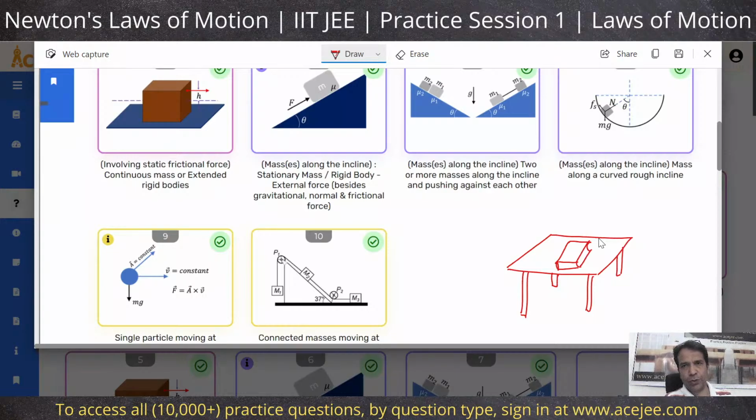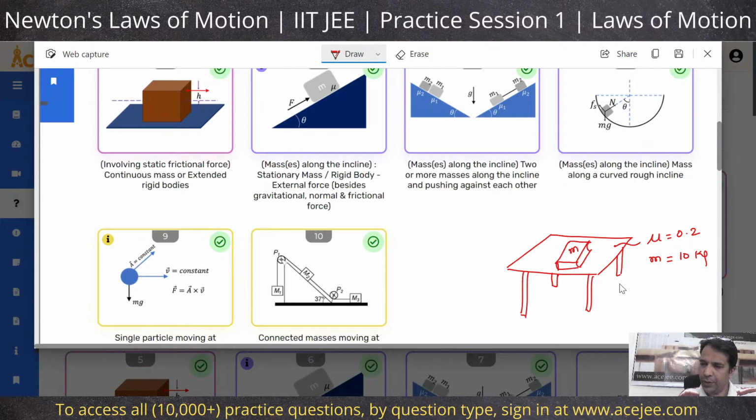So if I were to ask you, Chavi, how much is the frictional force? Before I ask you any question, let me give you some data. Let's say the coefficient of friction between the book and the table is 0.2. And let's say that the mass of the book is 10 kg.